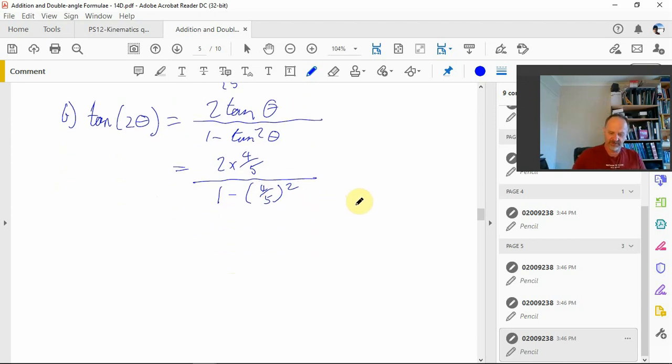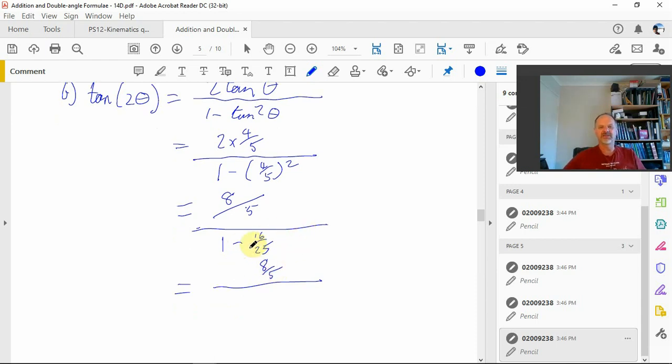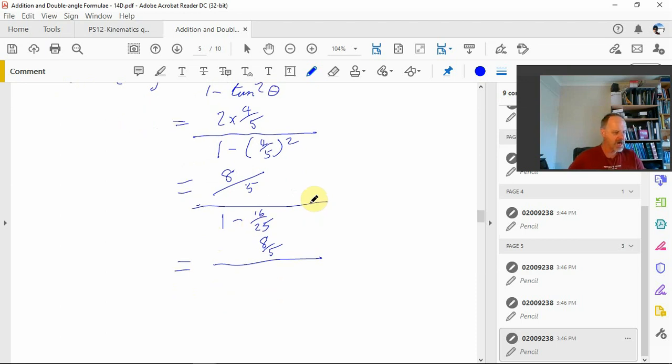So 2 times 4/5 I believe would be 8/5. And then on the bottom we've got 1 minus 4 fours are 16 on 25, equals 8/5. 1 minus 16/25, so 25 minus 16 is, I believe, 9.